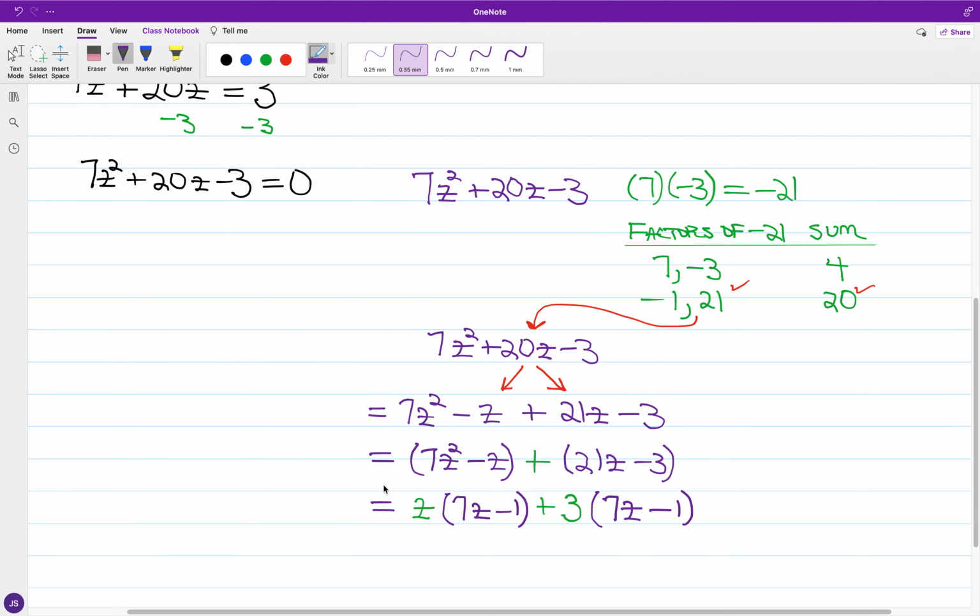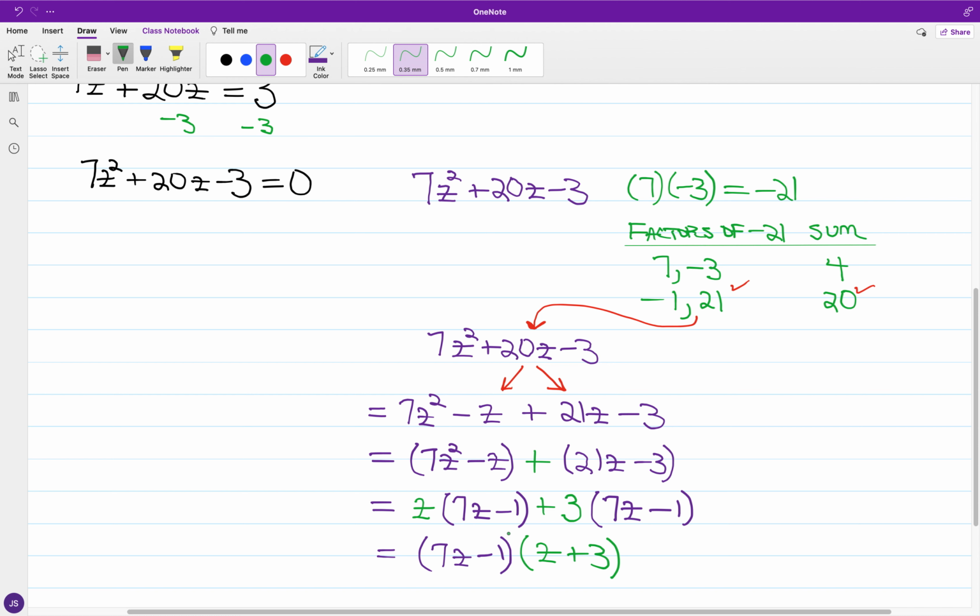And looking at what we have now, between the groups we have a common binomial factor of 7z minus 1. And for the other factor, this will come from grouping together the greatest common factors and uniting operation with addition. So we have z plus 3.